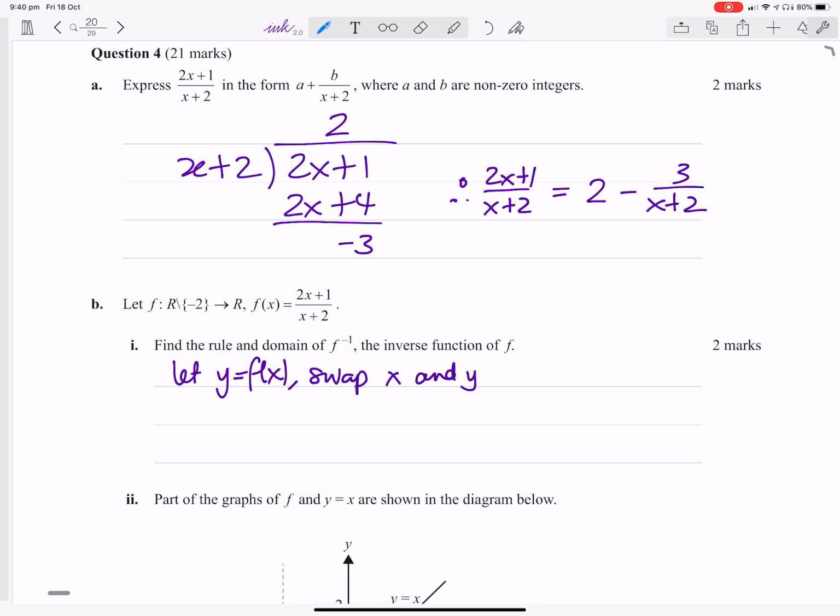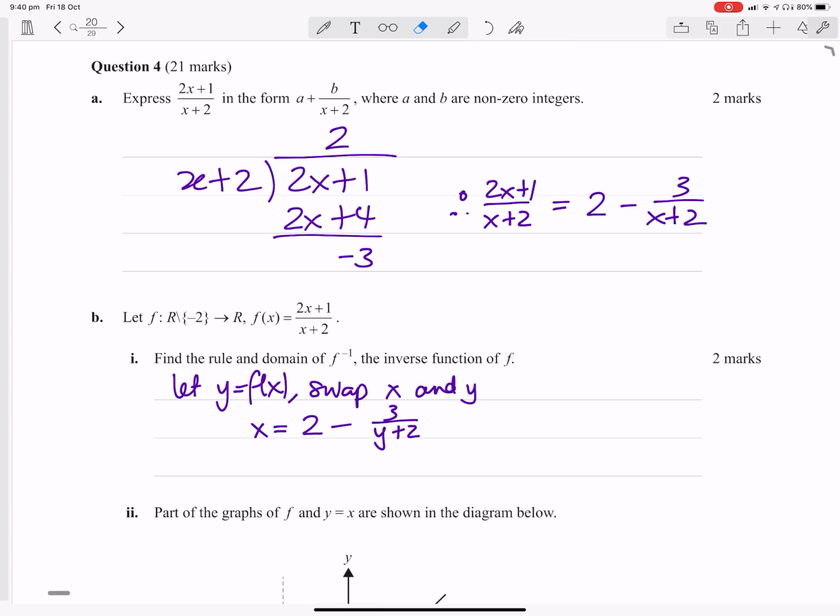So we get x is equal to 2 minus 3 on y plus 2. I'm just trying to think if it's easier to do it the other way.